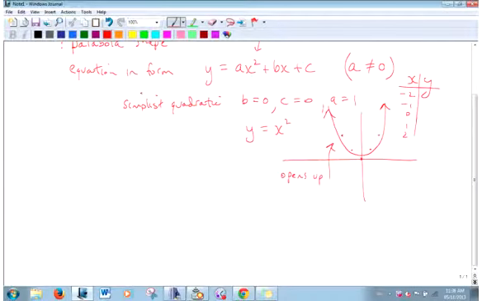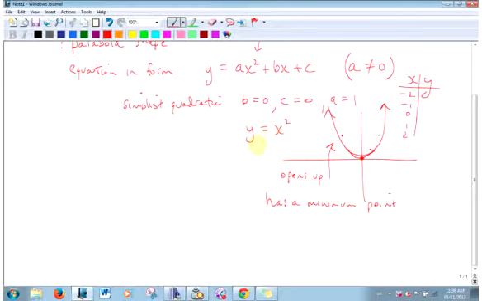Does this thing have a minimum or a maximum point? It does have a minimum. What are the coordinates of that minimum point for this graph? Right there. I didn't quite hit it. It has a minimum point.